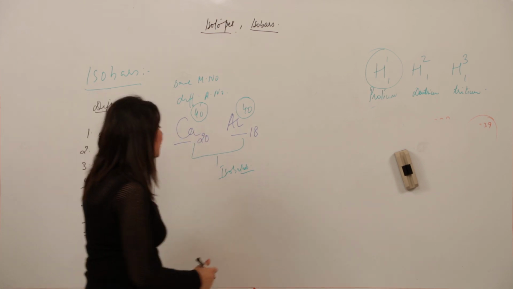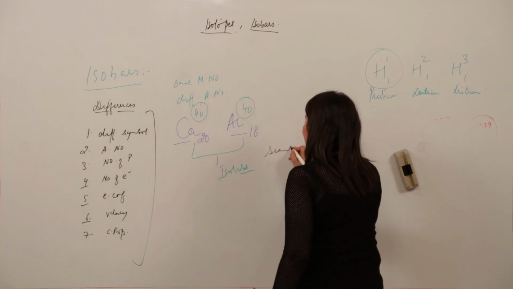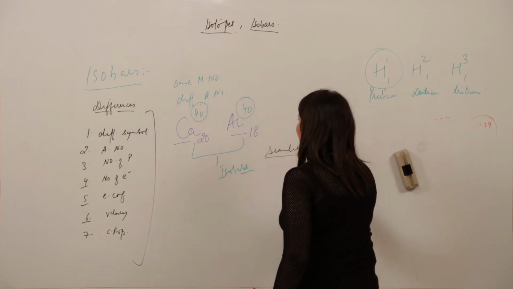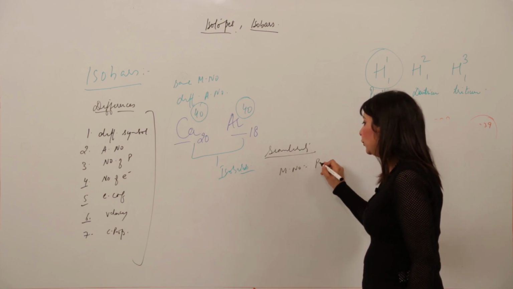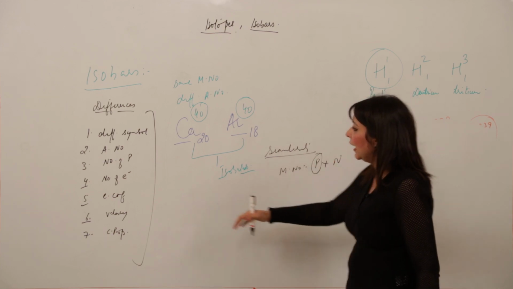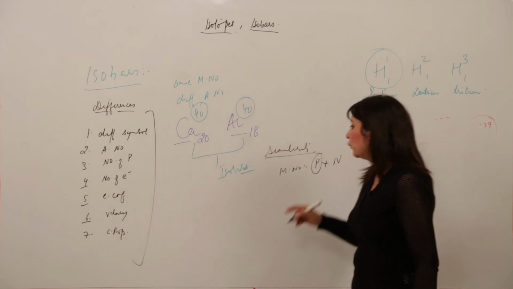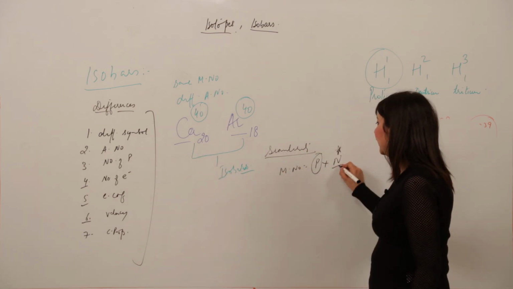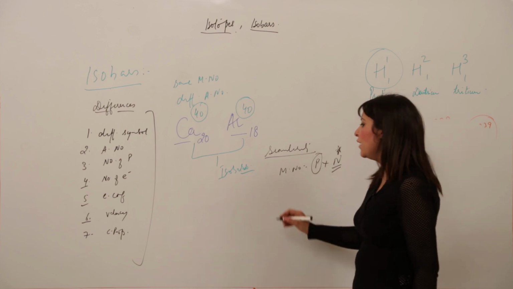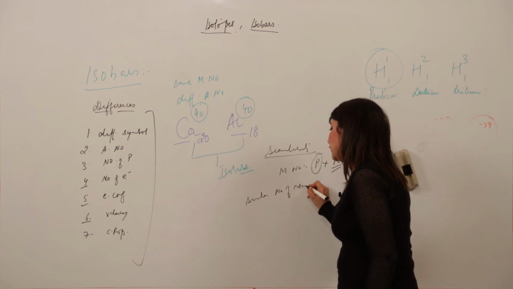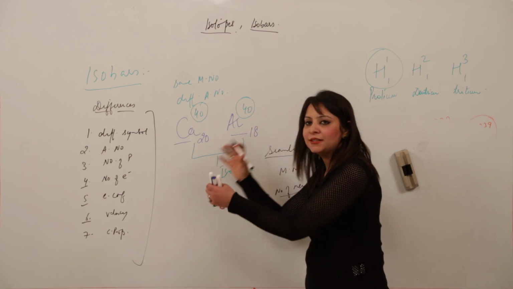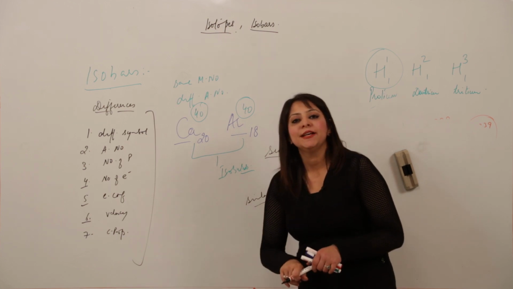But now what is the similarity? The similarity lies in the same mass number, and we know mass number is formed of protons and neutrons. Protons are different in them. So what similarity do they have? The similarity is neutrons. They have a similar number of neutrons, and this is the factor which makes them related to each other as isobars.